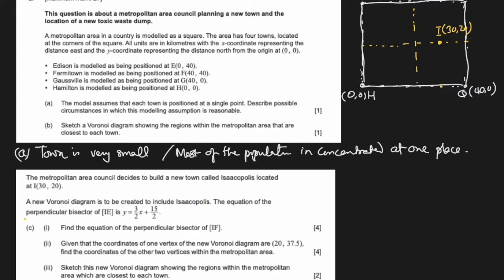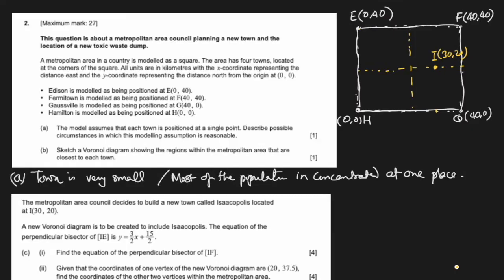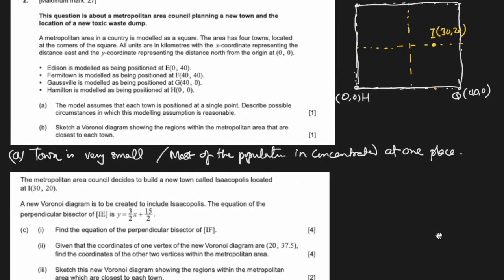The equation for the perpendicular bisector of IE, this is the line, and the perpendicular bisector will be this. Let me undo this first and draw the new Voronoi diagram. Let me copy this one first. It's here.